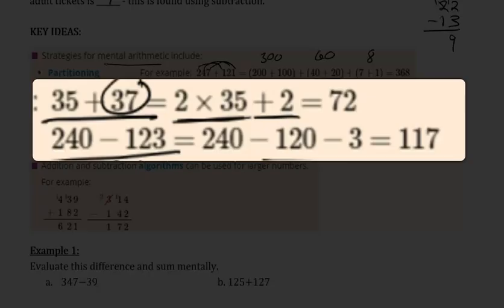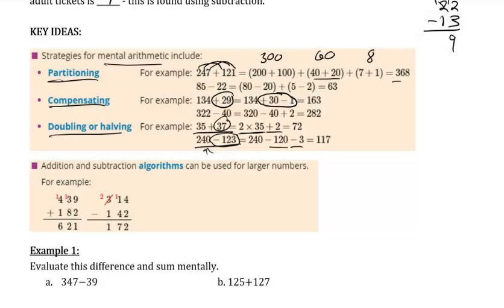So I know that if I took one of those 120s away, I'm going to be left with just one of the 120s. And look here. So look at 123 here. I can represent 1 minus 123 by minus 20 and taking away another 3. So I'm going further left on my number line, which takes me to 117 because I'm subtracting from a positive number.